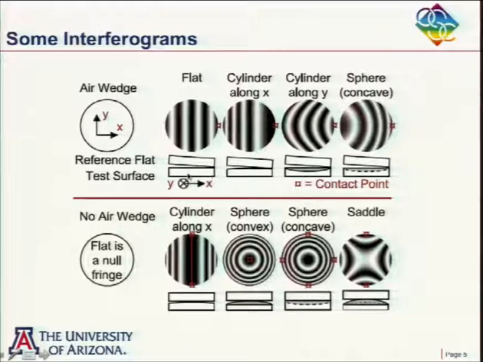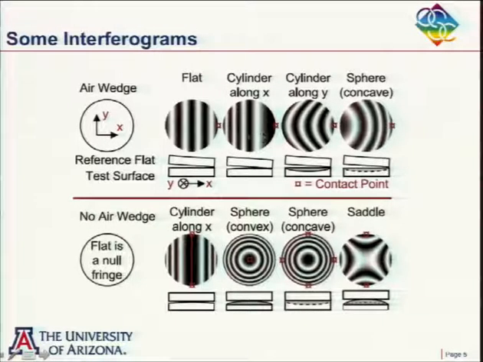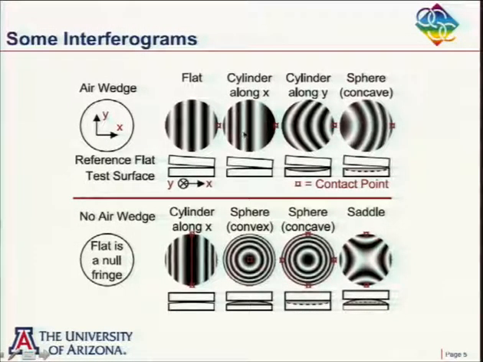Say we have some air wedge here, so tilt between the two. If we have a flat, we're going to get straight, equally spaced fringes, as we know. If we have a cylinder, so it's going to vary in the x direction and be constant in the y direction, we'll get straight fringes, but they're not equally spaced.